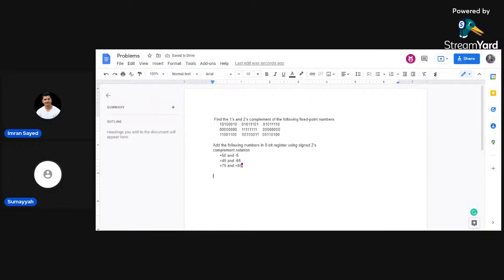Okay, so I have to convert them to binary first. 50 is 32 plus 16, that is 48, plus 2.